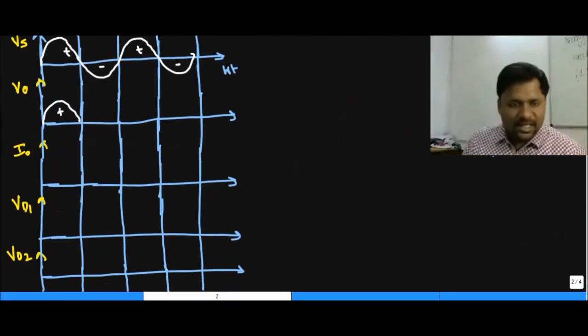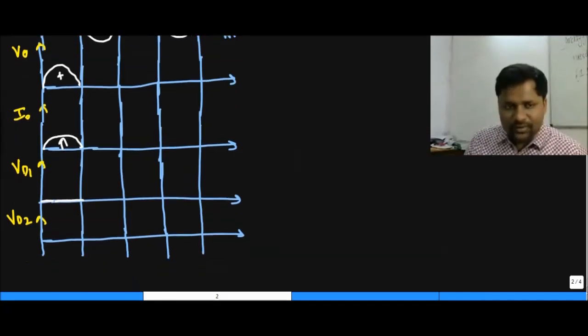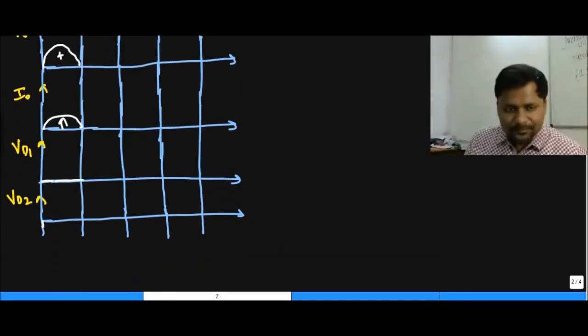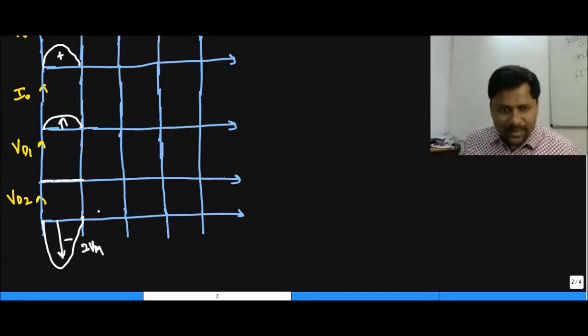The waveform is the same shape, V0 divided by R. Here diode D1 is on, so it acts as a short circuit, and diode D2 will experience a maximum of minus 2Vm. It should be minus 2Vm of peak magnitude observed by this diode D2.